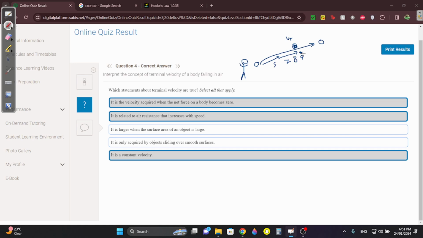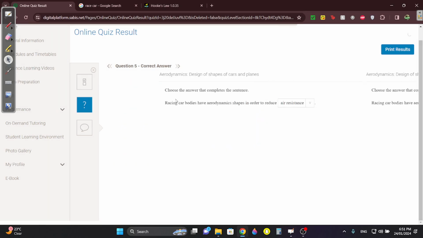At 9 it stops accelerating and just continues at 9 until obviously it falls back down. That end velocity is what we call the terminal velocity. What's important to know about it? It's constant. Obviously it's related to air resistance, and it's the velocity acquired when the net force becomes 0. At that instant where the velocity isn't changing, the net force became 0.